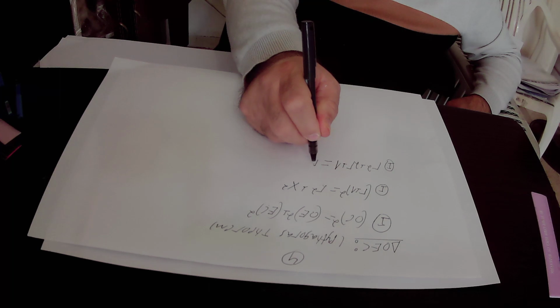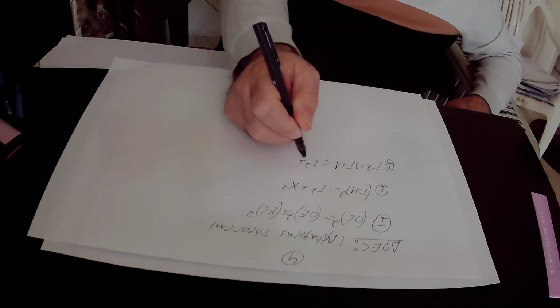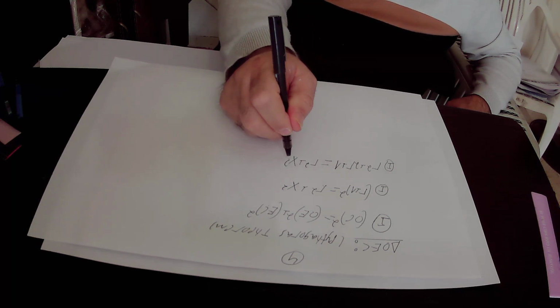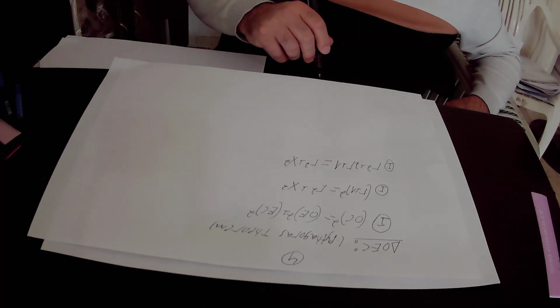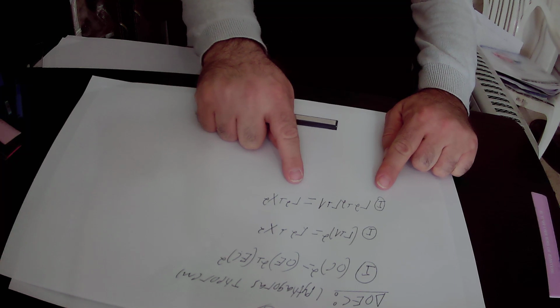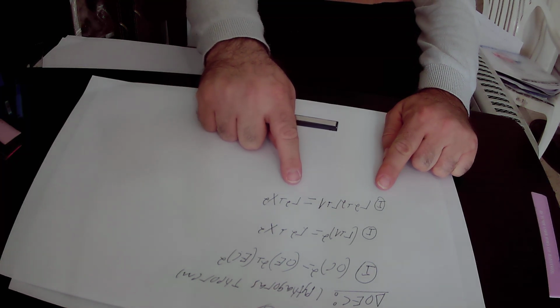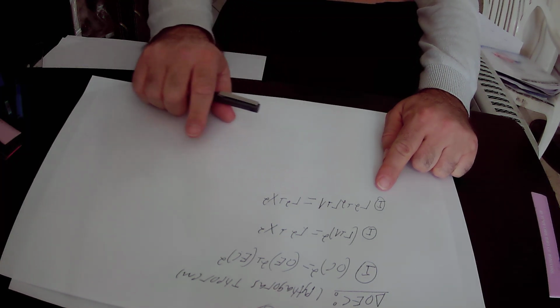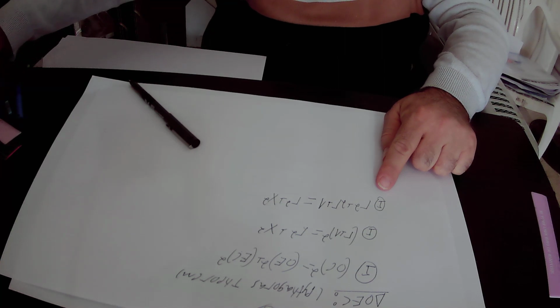And it equals R square plus x square. Here we'll subtract R square from this equation number 1, so R square will get cancelled.